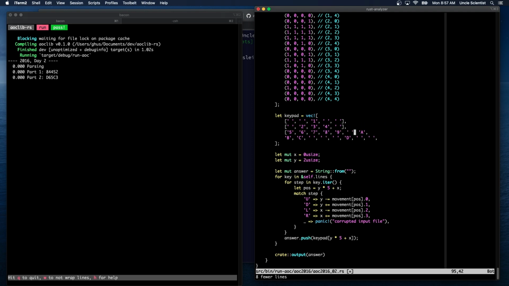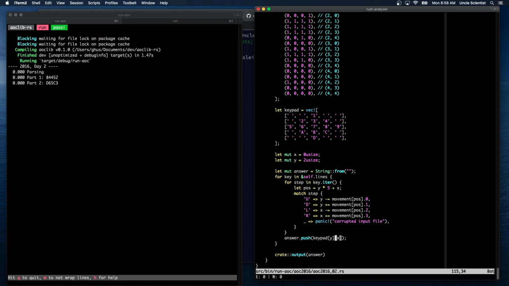That's a bracket there. I just want to see how this formats. And then this, yeah, so that format's better. And then we can just say XY or YX. Like that. D65C3, same answer. Okay, yeah, and this looks a little bit better. Okay, let's go with that.